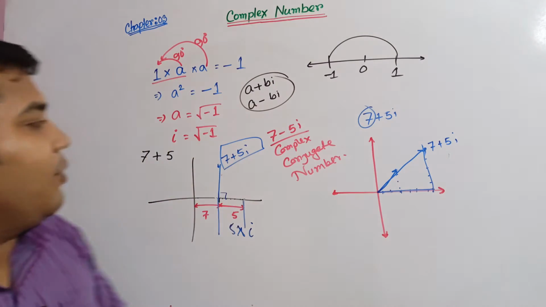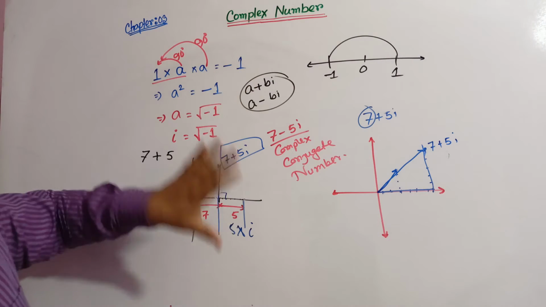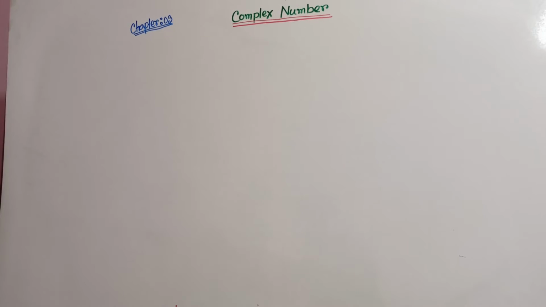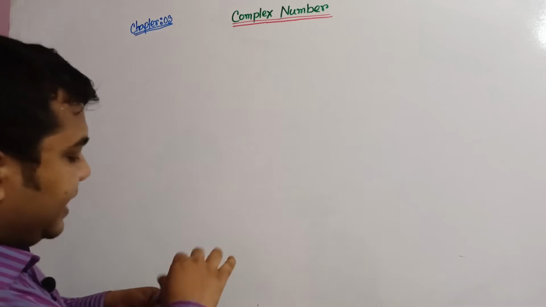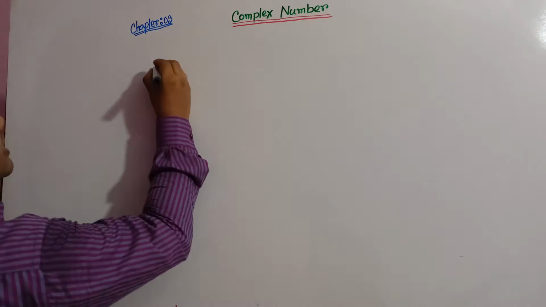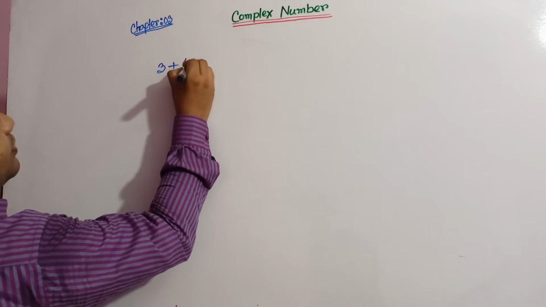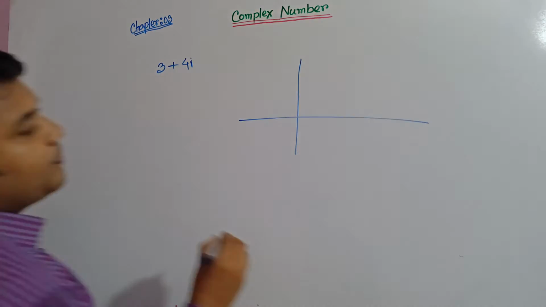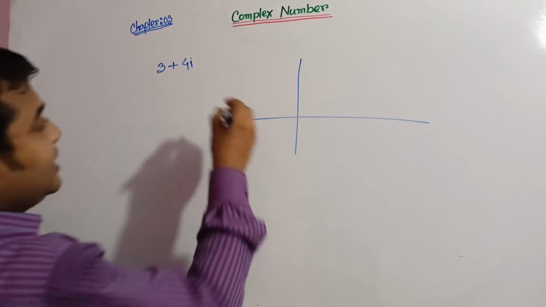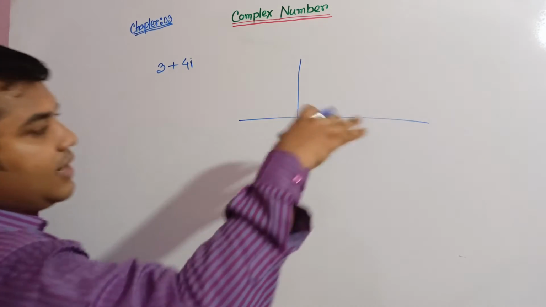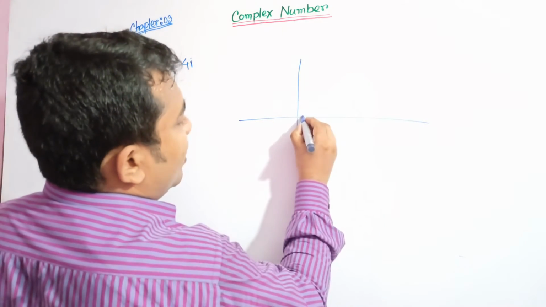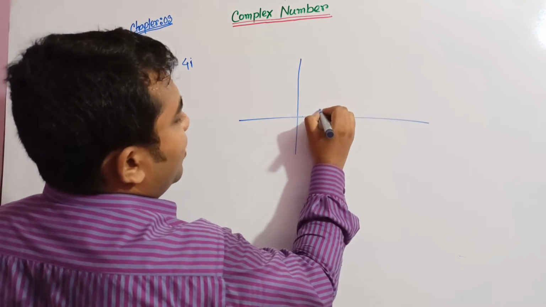Now we'll talk about what the modulus of these types of complex numbers is. Dear students, I have already told you that a number, say for example 3 plus 4i, if I try to denote this in the field of real and imaginary, that should be 1 2 3, 1 2 3 4.